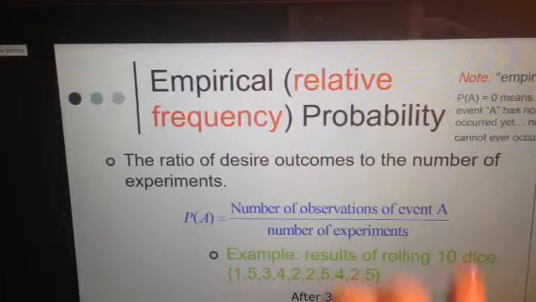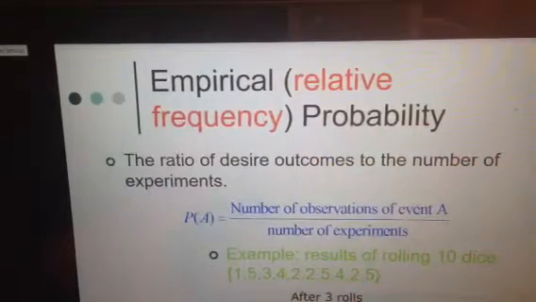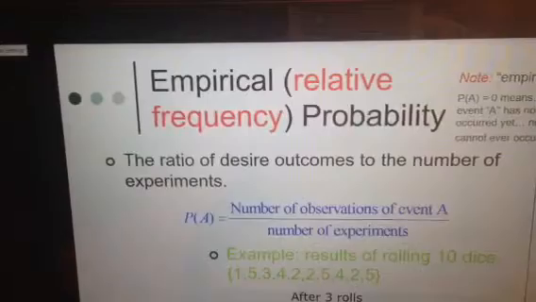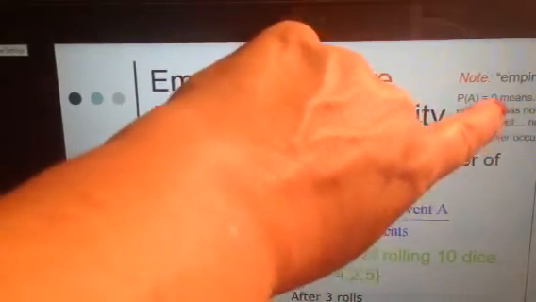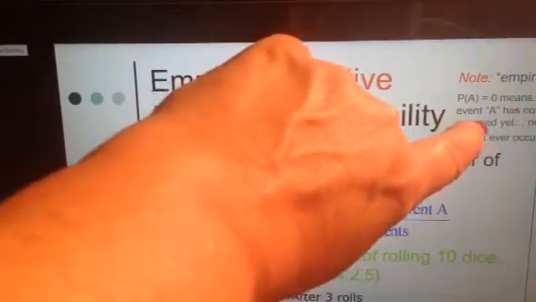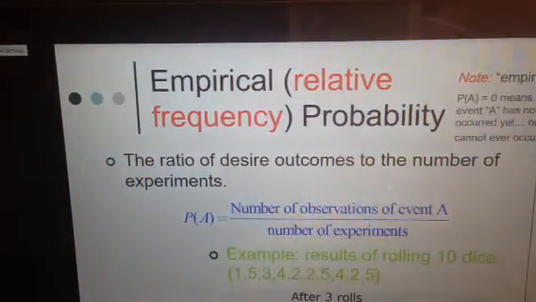This is a note: the probability of A equaling 0 means the event has not yet occurred, not that it cannot ever occur.